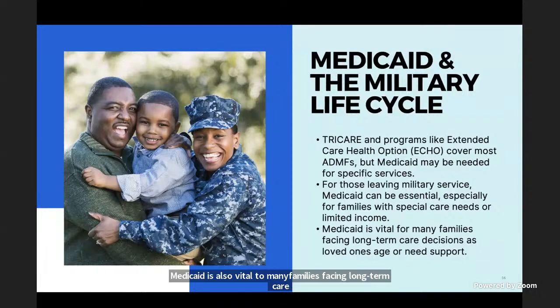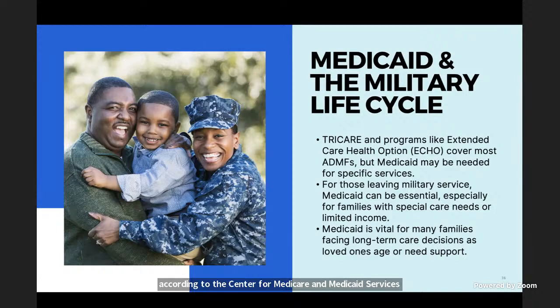As early as 2014, according to the Center for Medicare and Medicaid Services, over 50% of all Medicaid cost in the United States, and currently, Medicaid's about 1/6 of all healthcare costs in the United States, over 50% was directed to long-term care, whether in a home and community-based setting or whether in a long-term care facility, or what we've traditionally called nursing homes, but really residential facilities.